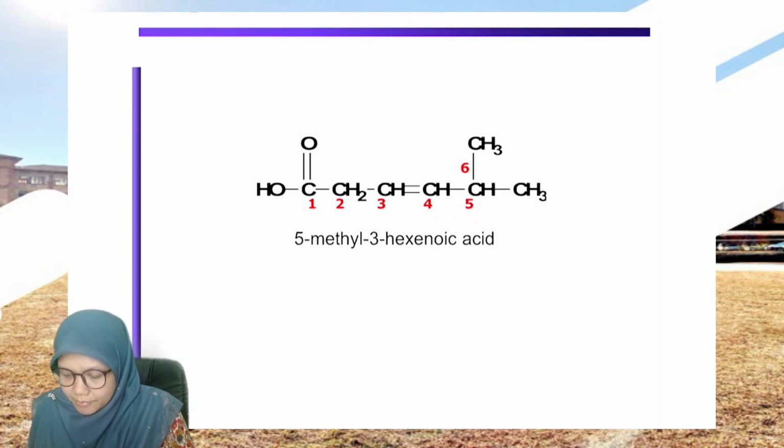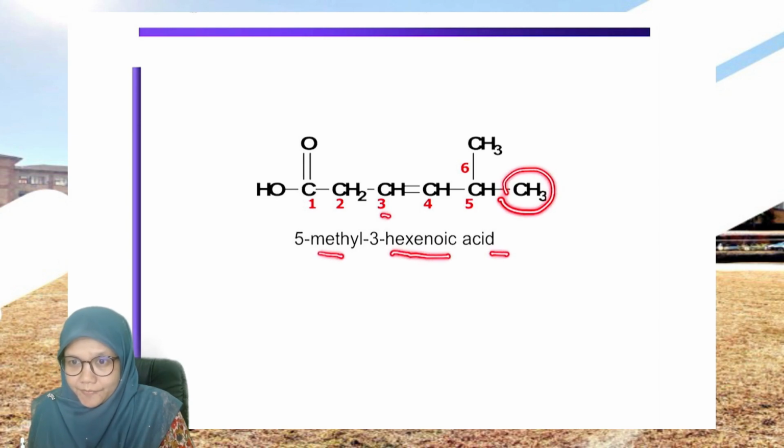Carbon number 6 can be here or here. So, position of carbon double bond is at carbon number 3. And at carbon number 5, we have methyl. So, name of this compound is 5-methyl-3-hexenoic acid.